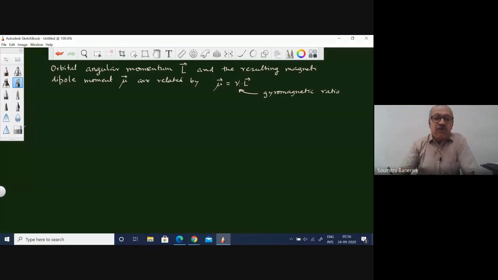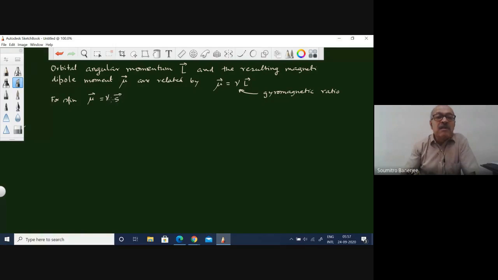Now, for the spin, we assume a similar behavior. For spin, we assume that the dipole moment due to spin is proportional to the spin angular momentum. Here it was the orbital angular momentum, now the spin angular momentum, and there is a proportionality constant.